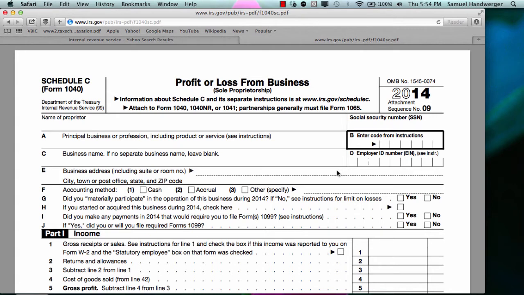Okay, so then you come down to line F, which asks a question: what kind of accounting method are you using? You'll check the box, cash or accrual or other, which we'll discuss in a second.